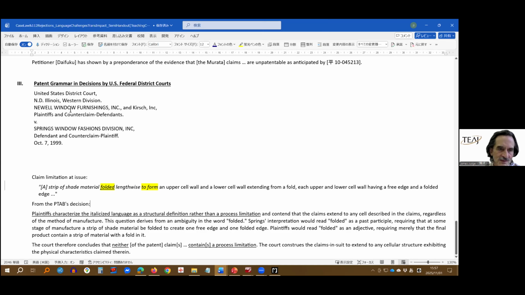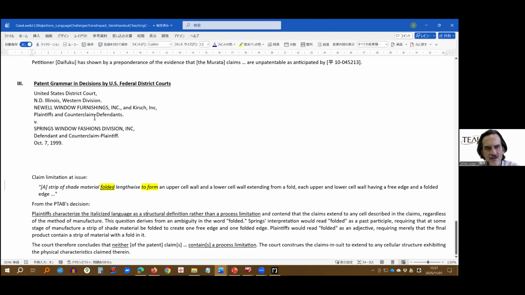What was interesting about this case, which was in the U.S. District Court of Illinois, is that the court said folded is not a process limitation, it's a structural limitation, even though we have the words to form, which makes it sound like a process limitation. They very clearly said that neither contains a process limitation.